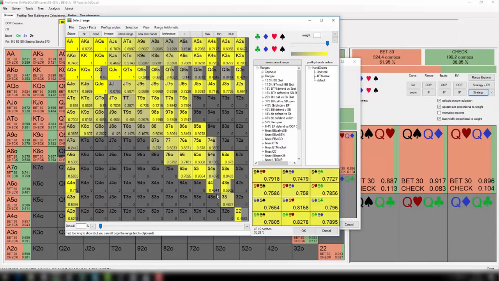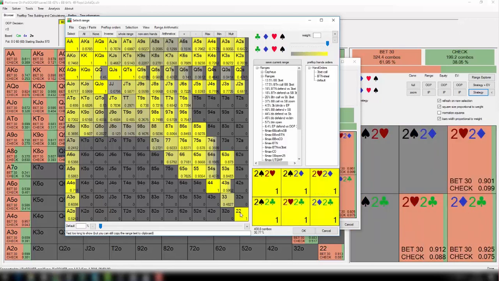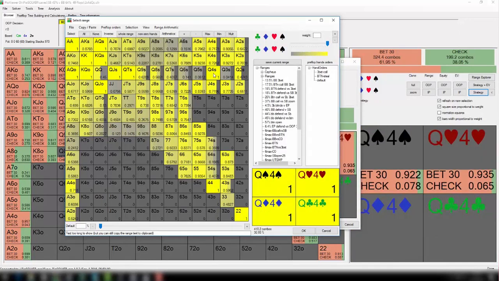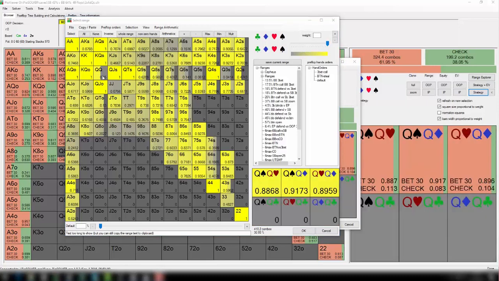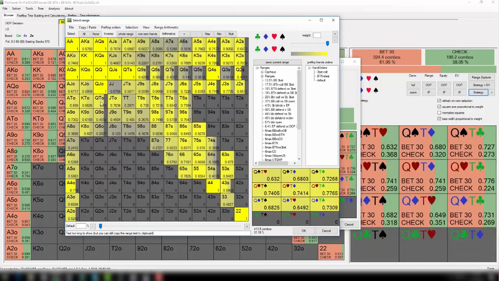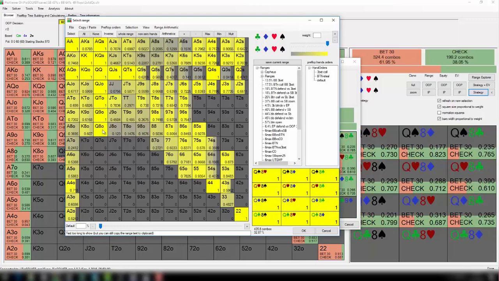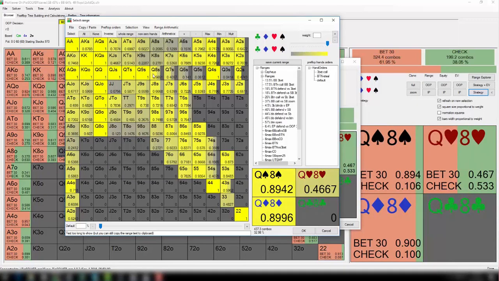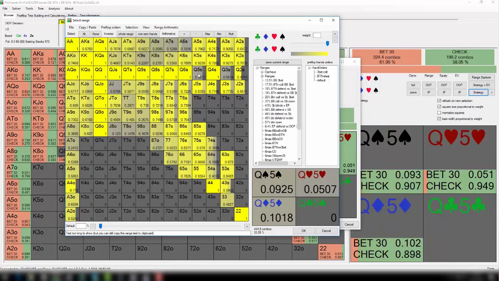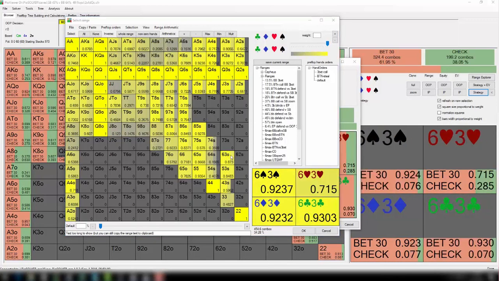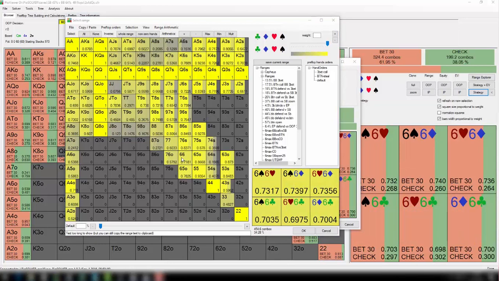And let's allow him to check the top set and bet all of the bottom sets and 2 pairs. I suppose in order to make it polarized we should put in the top set there. So just to try and keep it simple, let's put in all the queen X and better, and let's take these pairs up to 1.